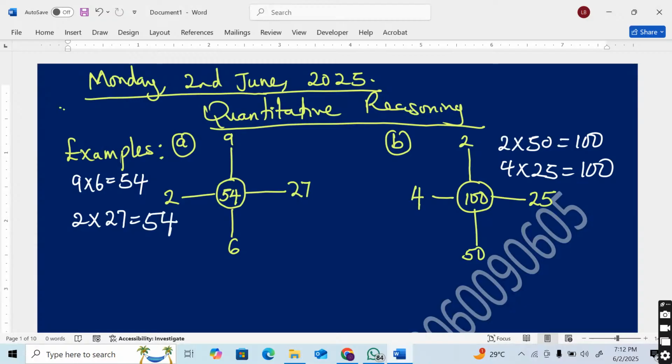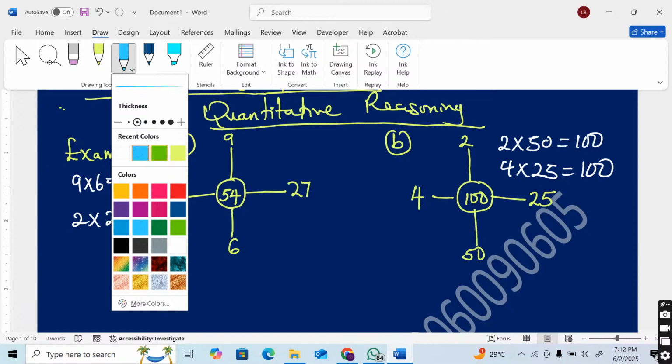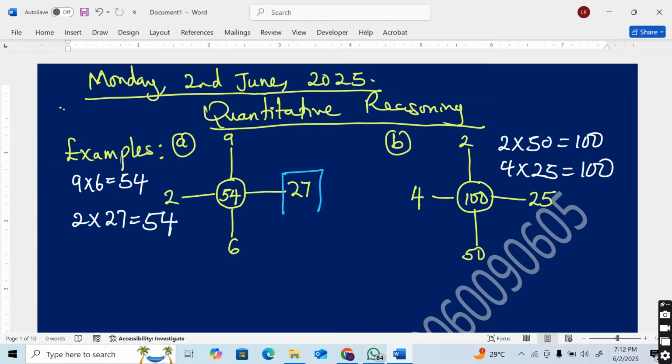All right, so how can we get 27? In sample A, how will we get 27? And same thing for sample B. If you know how to get 27, type it in the chat and make sure you type your name beside your response so that I can call your name.